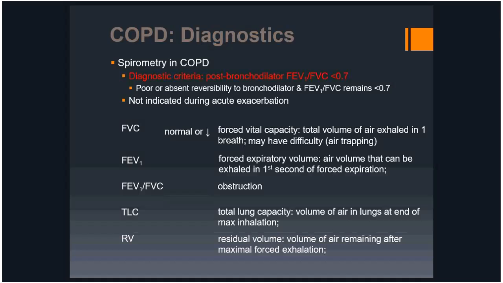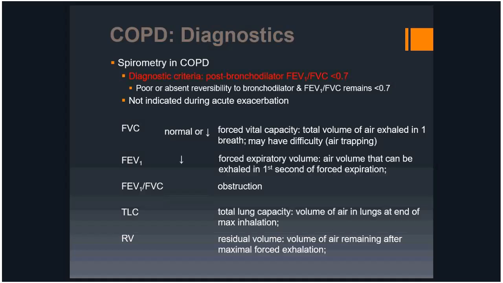All right, now let's move on to FEV1, the forced expiratory volume. This is the air volume that can be exhaled in the first second of forced expiration. Should this be normal, increased, or decreased?